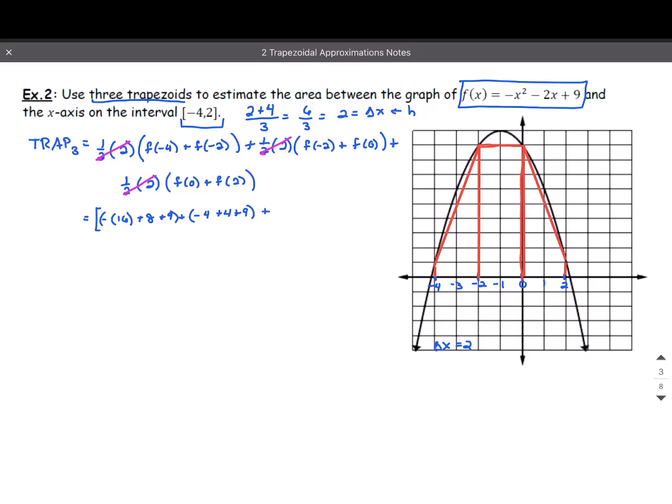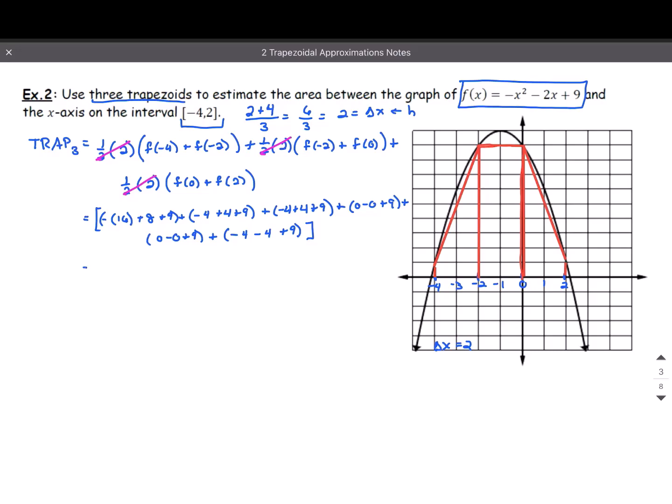Plus f of -2 again, so that's another -4 plus 4 plus 9. Plus f of 0, that's easy, 0 minus 0 plus 9. Plus f of 0 again, 0 minus 0 plus 9. And then f of 2 is the negation of 4 minus 4 plus 9.